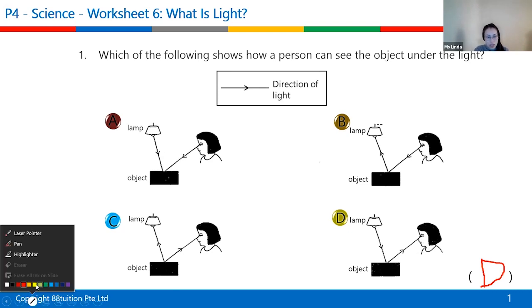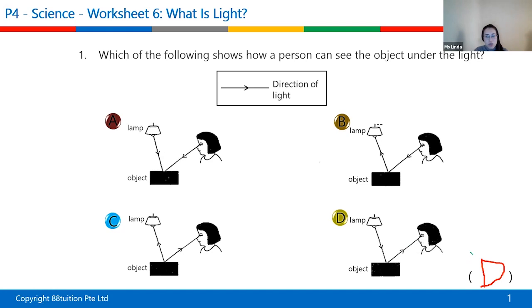Let's see. I'm going to use a green pen. Okay, so yes, your answer is D. I will have to rub off your answer because it will carry on to the next page.